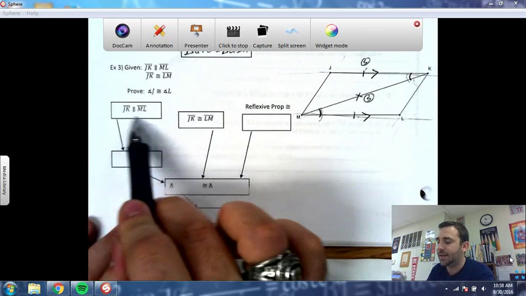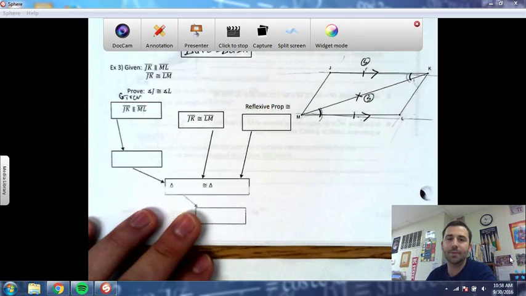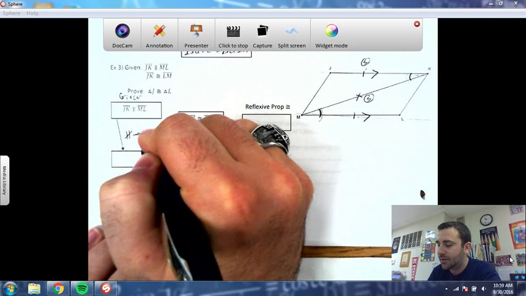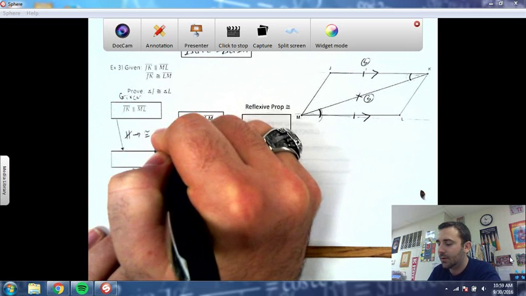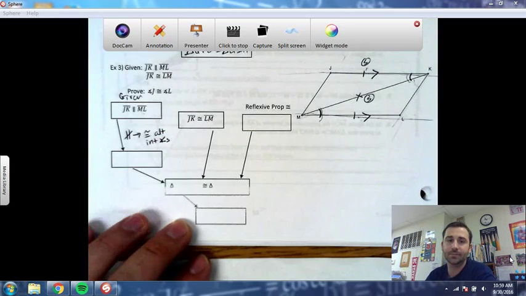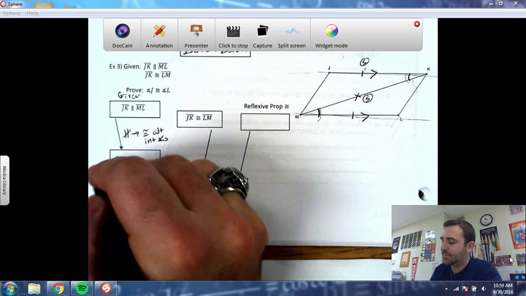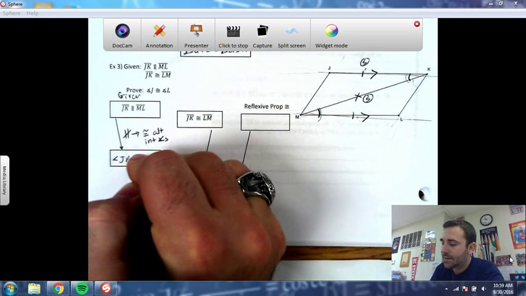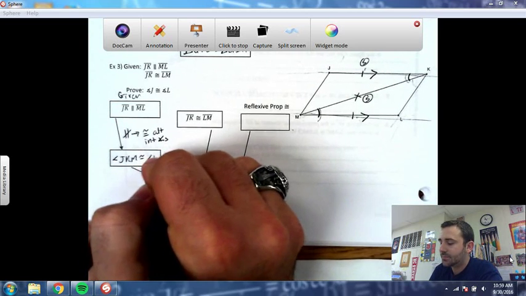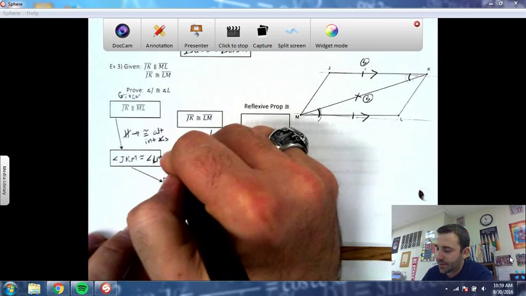So given that we have these lines parallel, we know that parallel lines cut by a transversal give us congruent alternate interior angles. And so then I'm going to state that angle JKM is congruent to angle LMK. And so there is my angle.